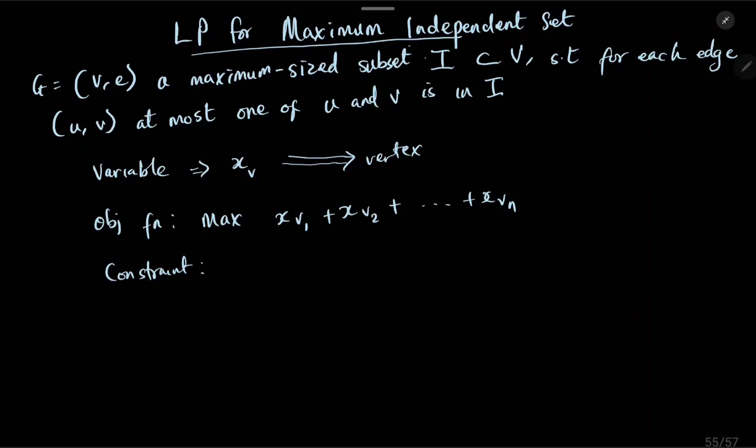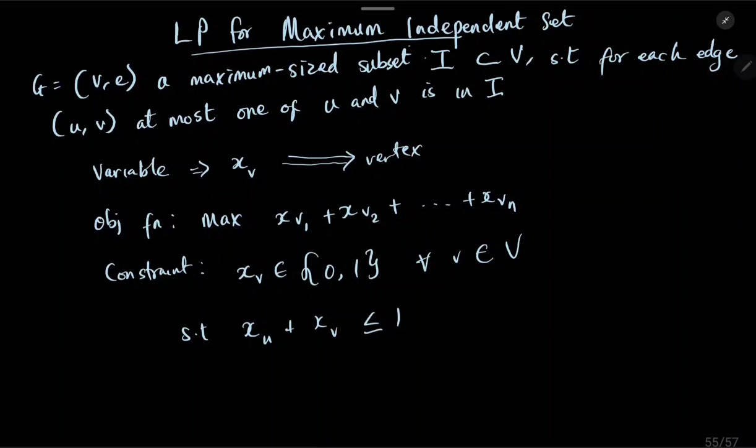So first of all, our constraint would be that we either choose a vertex or we don't. So that means xv is either 0 or 1 for all v in the vertex set, right? And this means that xu plus xv would now be less than or equal to 1. Remember, this is an at most case. At most one of U and V is in the set.